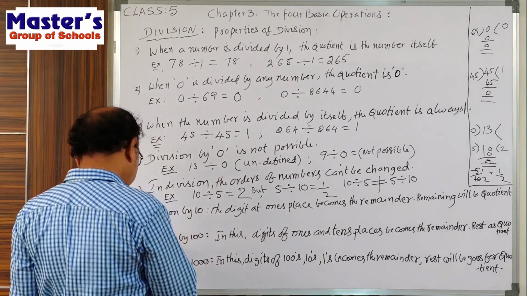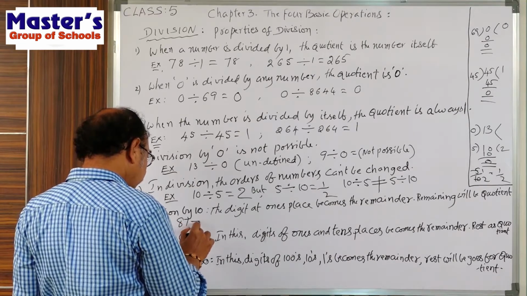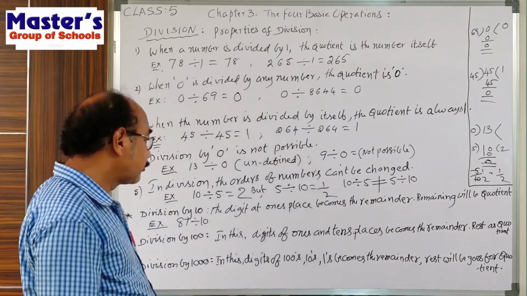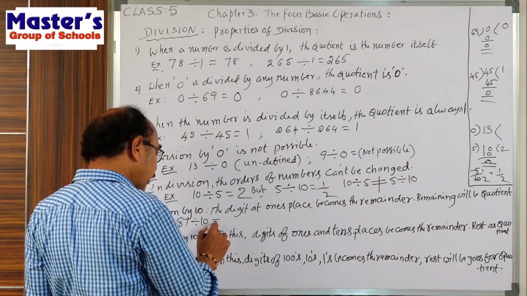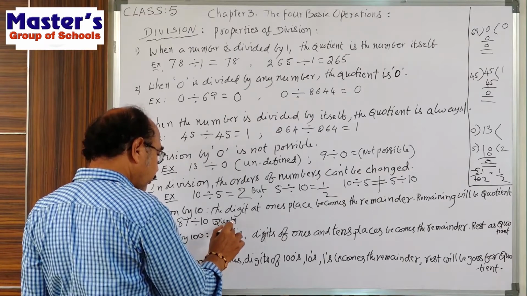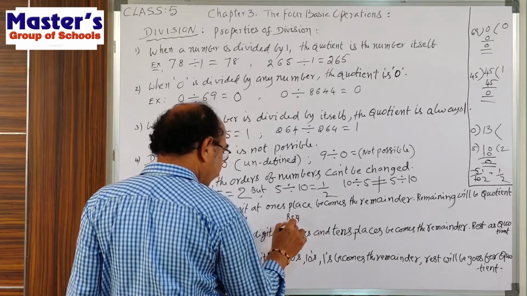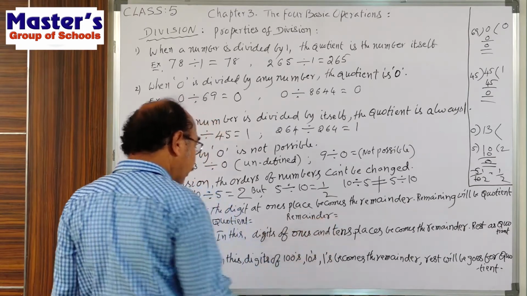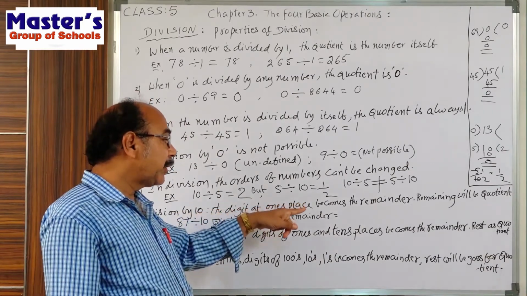Okay, children. For example, see here: 87 divided by 10. In this division, what is the quotient and what is the remainder? What did he tell? The digit at one's place.